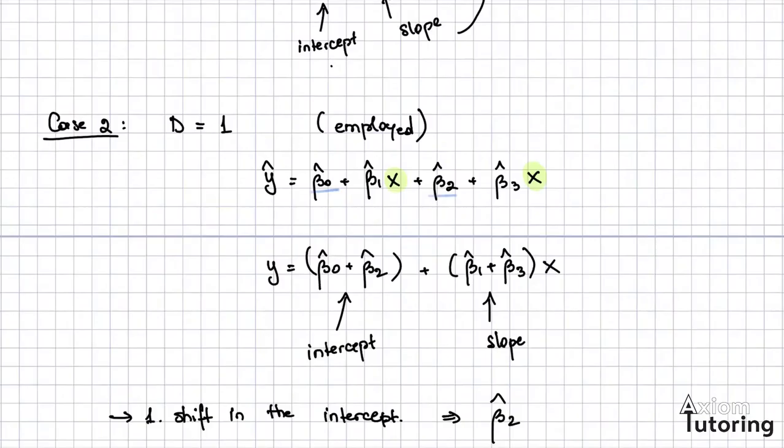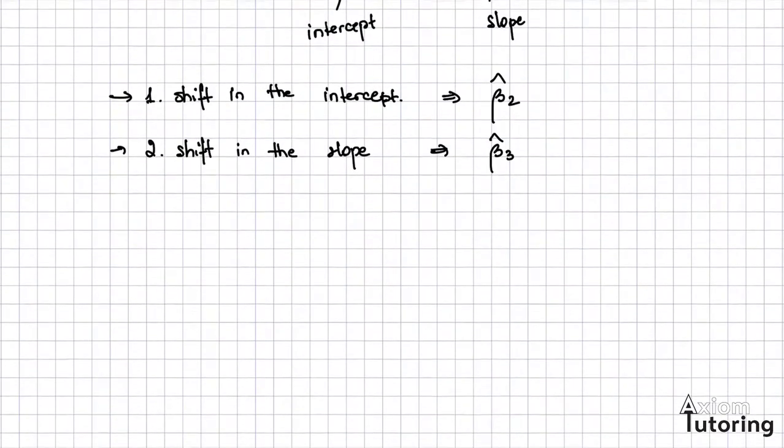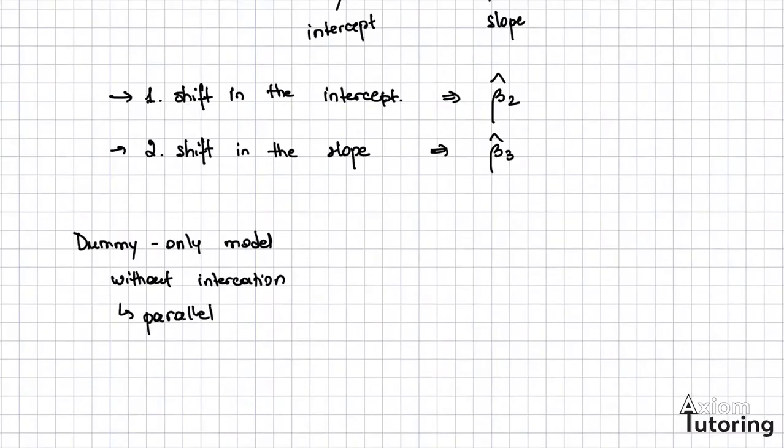If we compare this to the dummy-only model, without the interaction, what you had was simply parallel lines, which meant the same slope, but different intercepts.